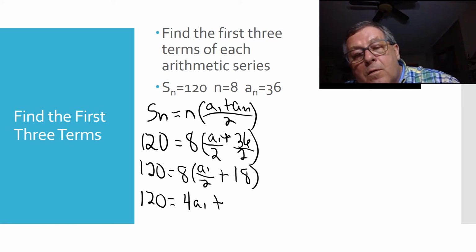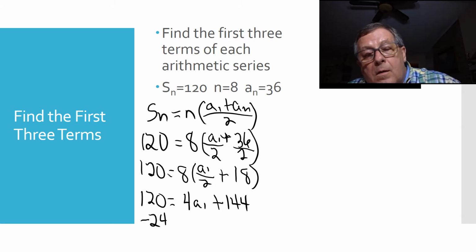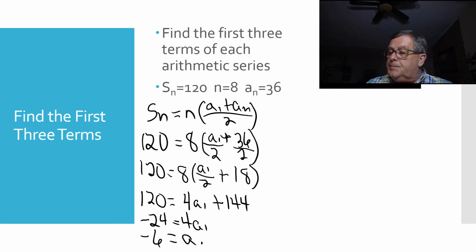So plus 144. We're going to subtract 144 from both sides. So that's negative 24 equals 4a1, and divide by 4, and so our a1 is going to be negative 6.